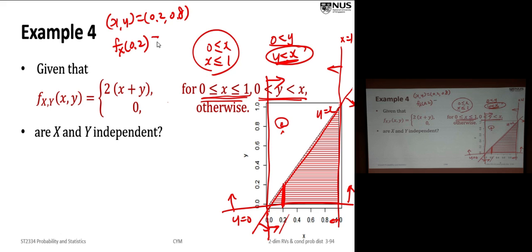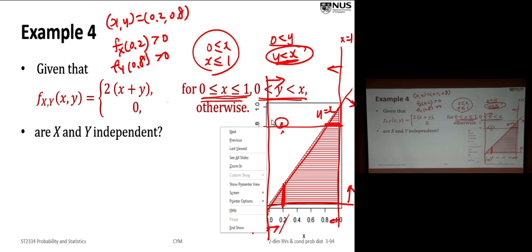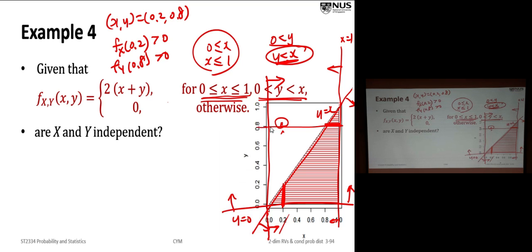So this one is bigger than 0. Similarly, this one is also bigger than 0. For Y equal to 0.8, you squeeze all the density with the same y value onto this point. So you basically squeeze all the density along this line, Y equal to 0.8. So it's bigger than 0.